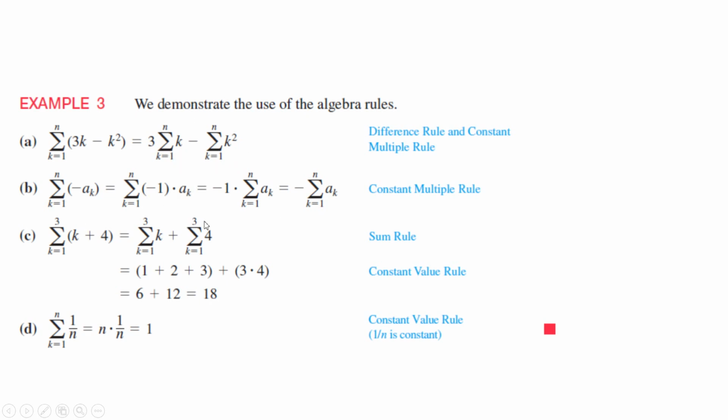Similarly, in this case, the constant multiple rule is used because negative 1 we took outside the sum, and the sum rule is used in this case, and this is the constant value rule because 1 over n is constant with respect to k. So 1 over n we can elaborate like this: it can be written as 1 over n sigma k varies from 1 to n of 1, and this sigma 1 is n, so 1 over n times n is 1.